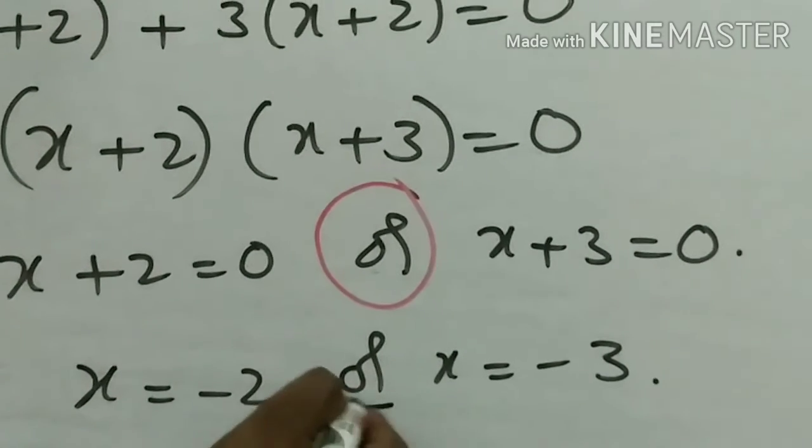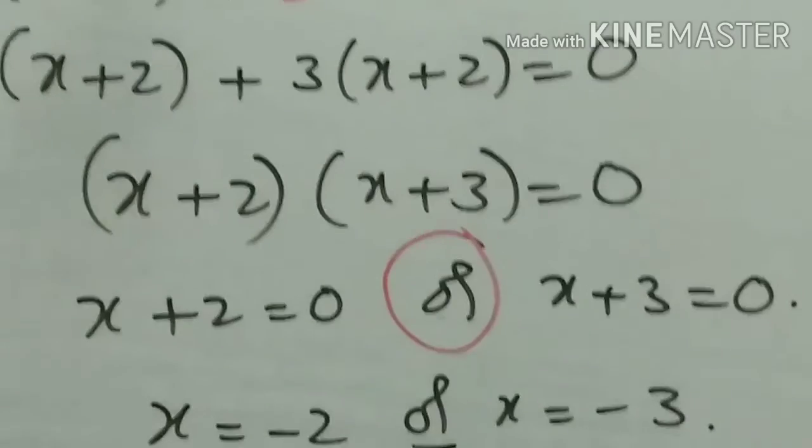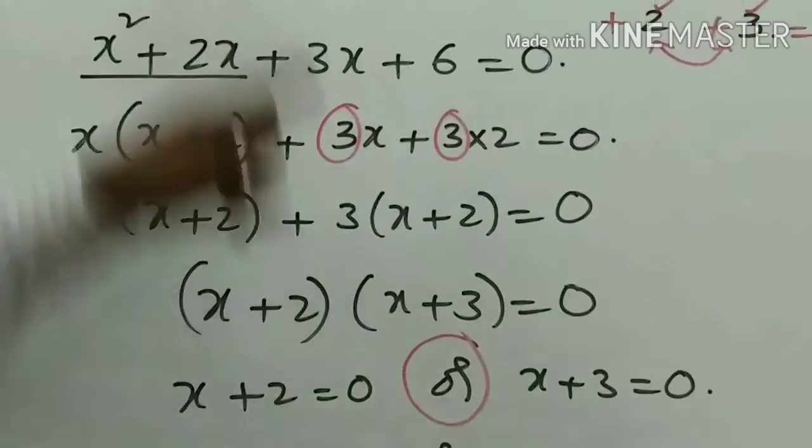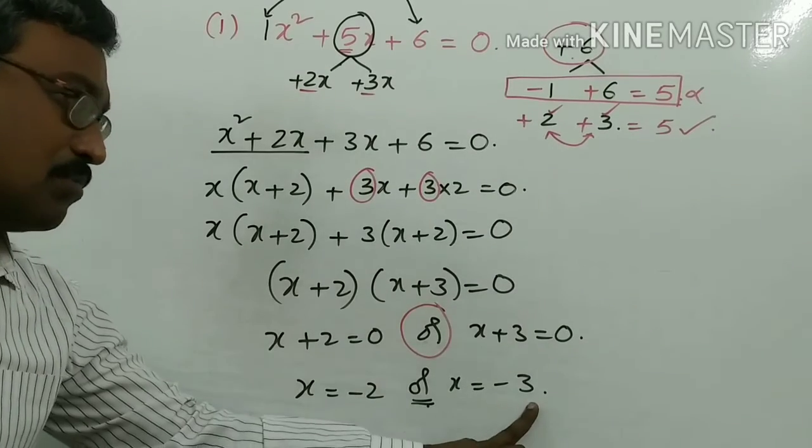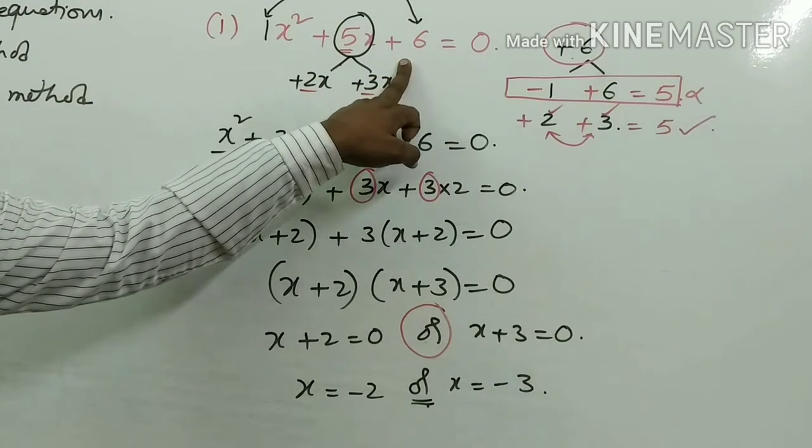Why is this word indicating that? If you take the x value as minus 2, this equation will become 0. If you take the x value as minus 3, then this equation will become 0.